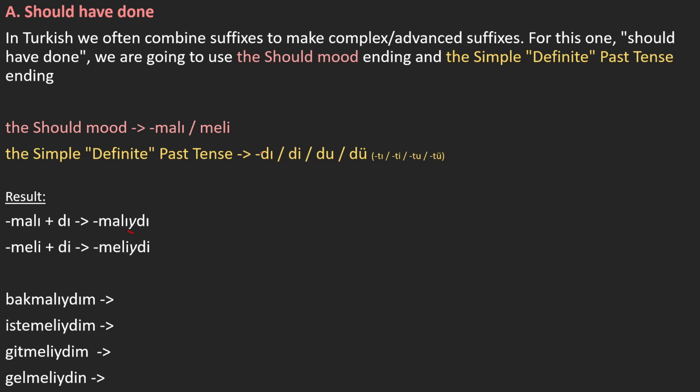There's actually a vowel here, like idi or udu or üdü. These are in the past. We don't use it that way anymore, but when you combine it with another suffix that has a vowel, we simply put this y ending. Yapmalıydı or gelmeliydi.